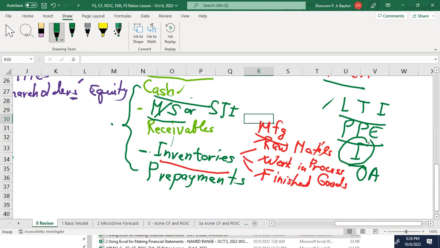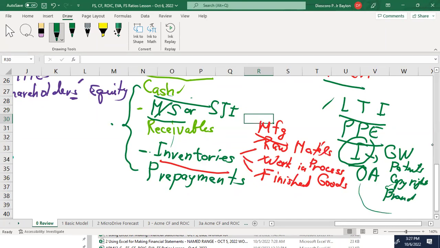So intangibles, no? What are examples of intangibles? For example, goodwill, patents, copyrights, also brand. These are intangibles.